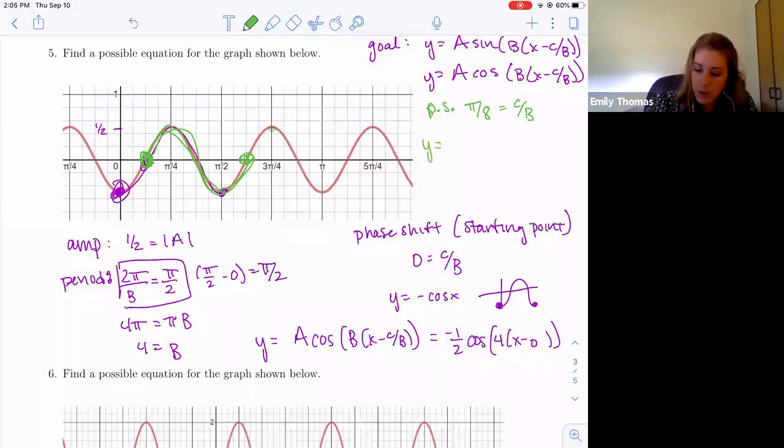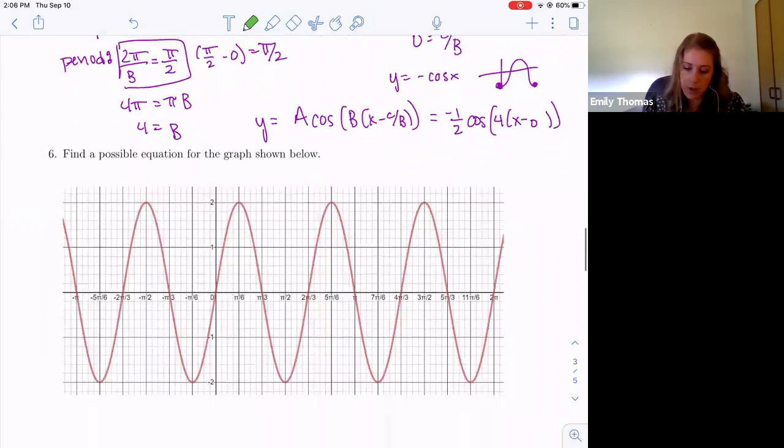So it would be y equals, amplitude doesn't change, B doesn't change because the period didn't change. So y equals positive 1/2 sine of b x minus c over b. In this case, this is minus because it's moving to the right.